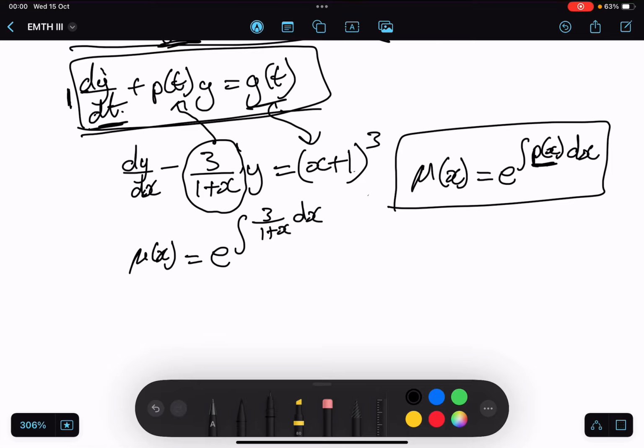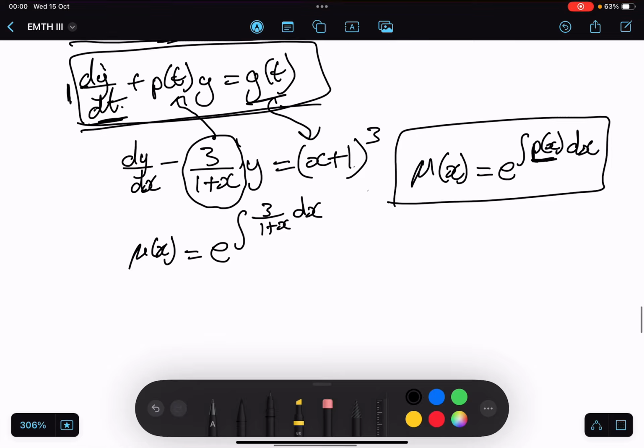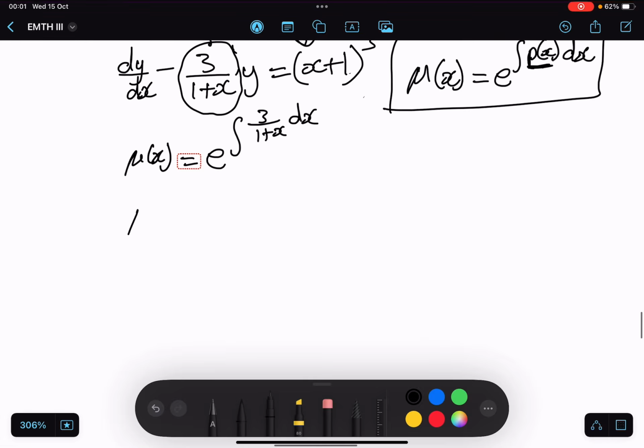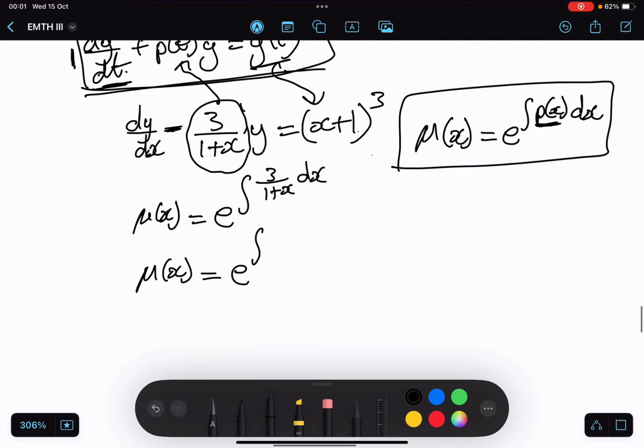Now we have found the integrating factor, so let's simplify it. u(x) is e to the power of the integral of -3/(1 + x) dx.